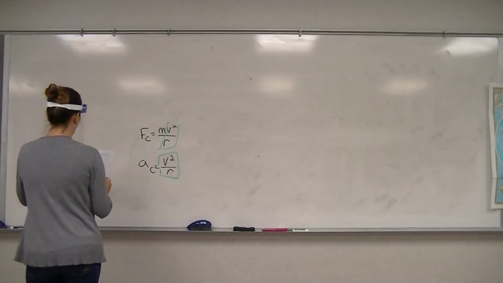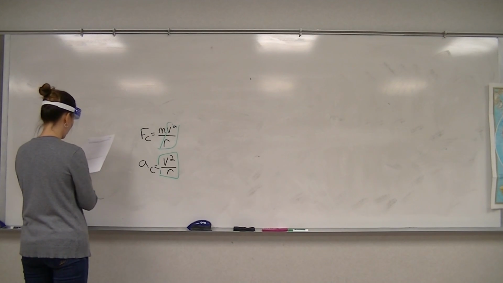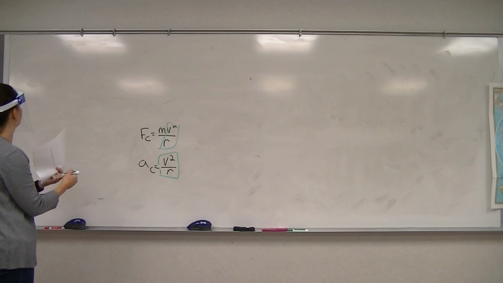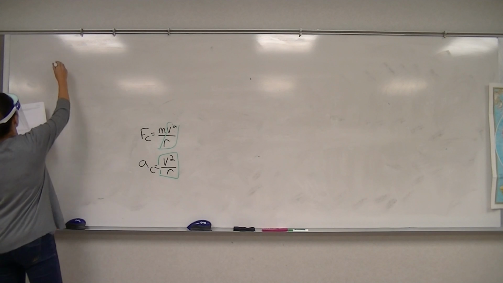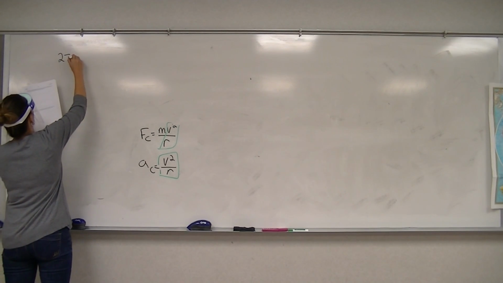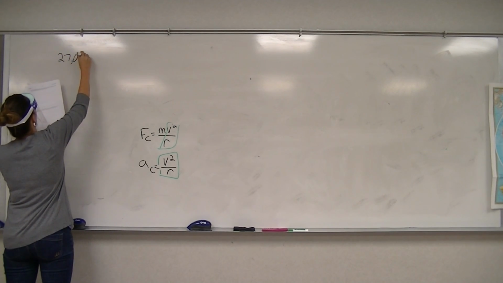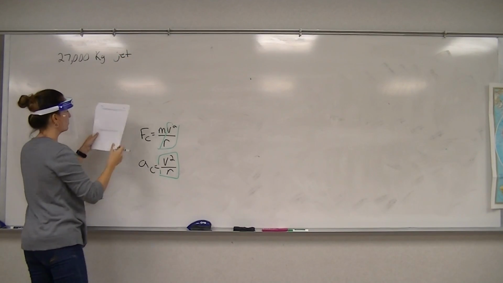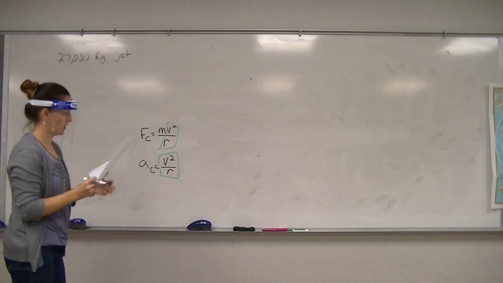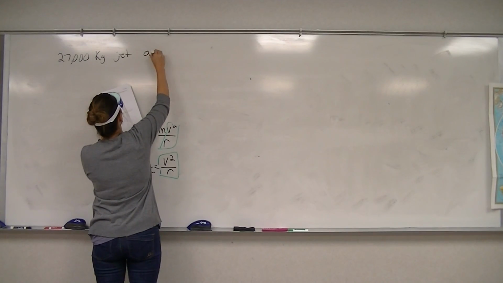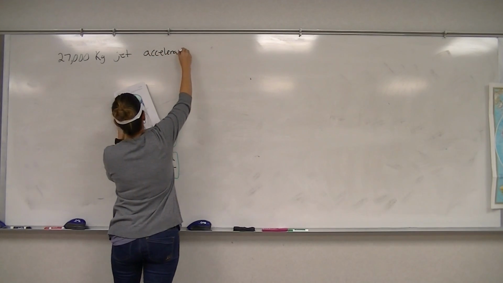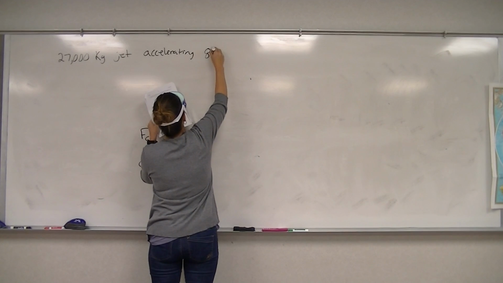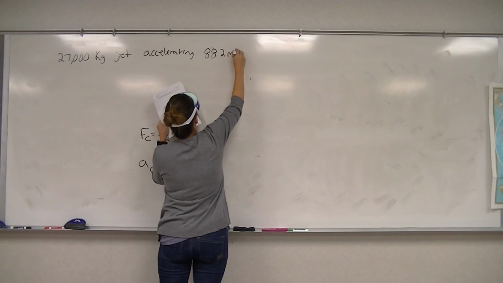Makes me having to write less questions on the board. All right. So now we have a fighter jet example. So these are questions straight out of the PowerPoints. I'm not going to write it word for word. I'm just going to kind of write the important parts. So it's accelerating 88.2 meters per second squared.